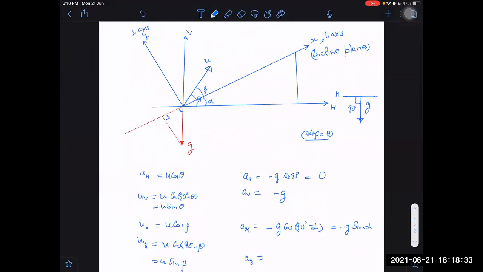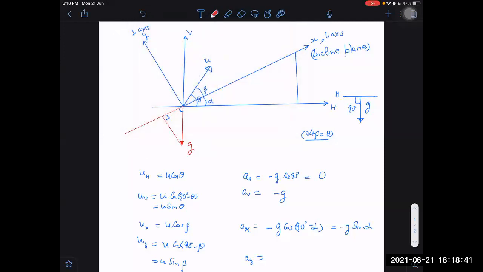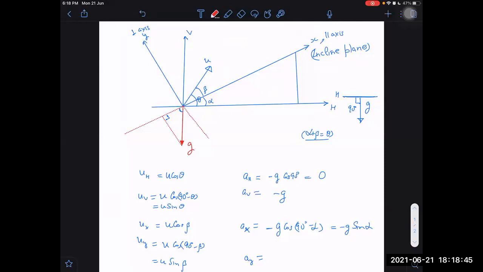What about acceleration along the y-axis? Minus g cos alpha. Along y, I have to produce this backwards. Let me produce the y-axis also backwards, and I have to take the component along that side.